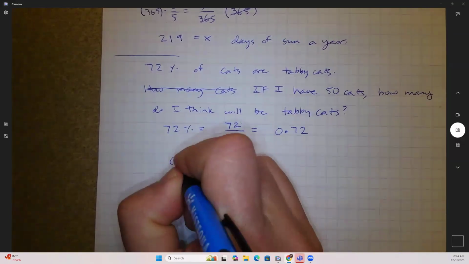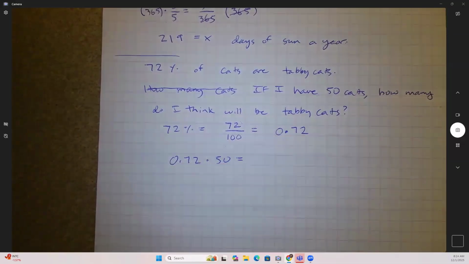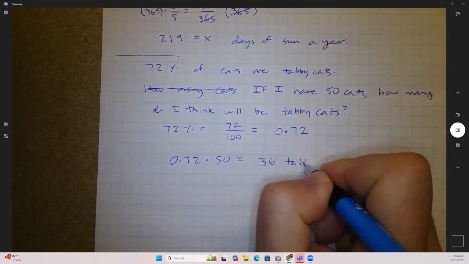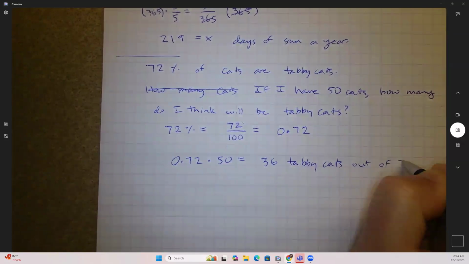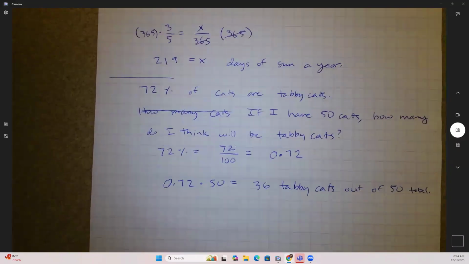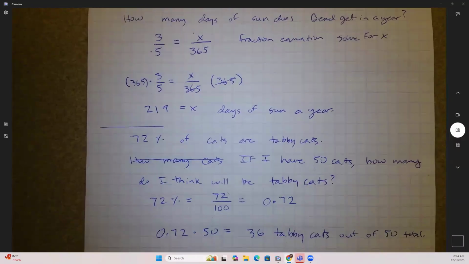So I would just take 0.72 times 50, and I would get 36 tabby cats out of 50 total. Right? So we are finding numbers when we start with ratios.